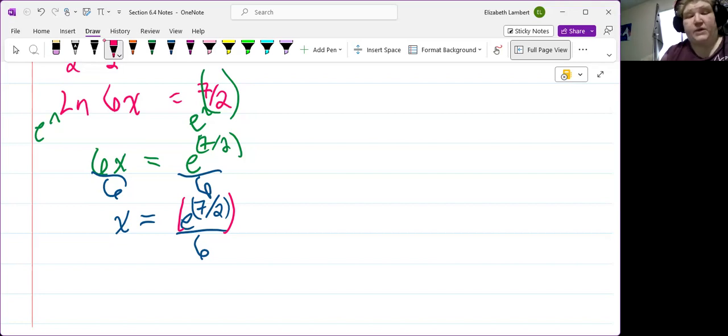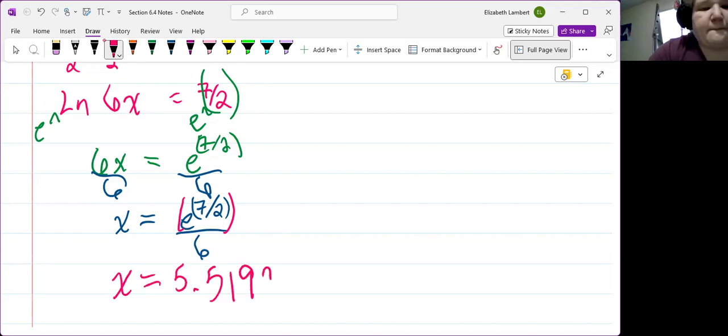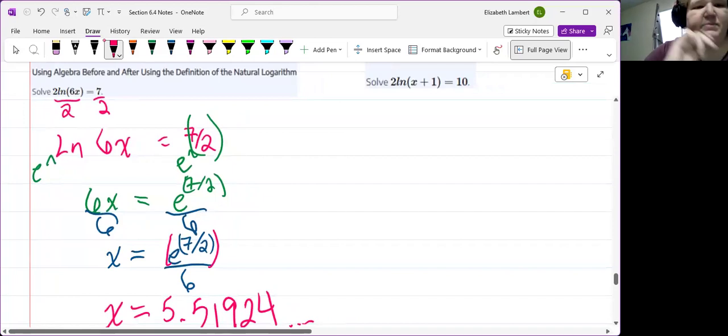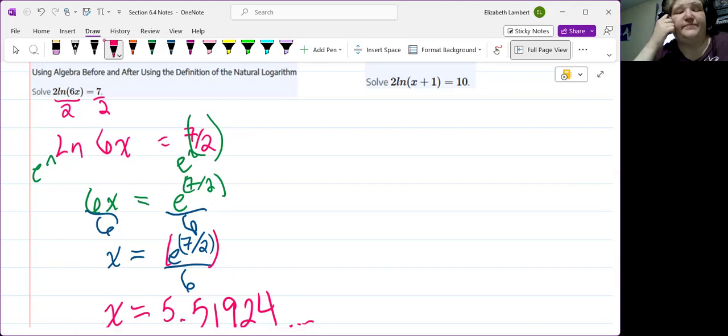I'm going to do that here just to be safe. e to the, open, then 7/2, close, and close, divided by 6. So rewind to the original. 5.5 times 6 will be positive, I can take the natural log of that, so that's fine. Cool.